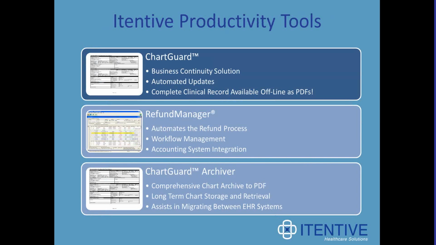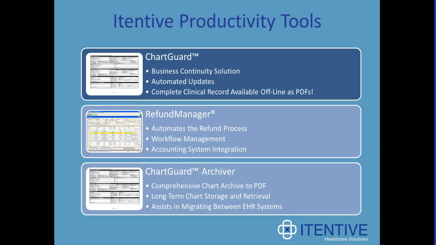So on these productivity tools, you've already seen ChartGuard, but Refund Manager, a quick overview of what that does. It's not just about the refund process, although that is kind of a painful process because nobody likes to give away money. They want to keep the money they have, but we all understand we have to refund when we're overpaid, so it is a necessary evil. But the neat part about Refund Manager is that it looks at the credit balances.